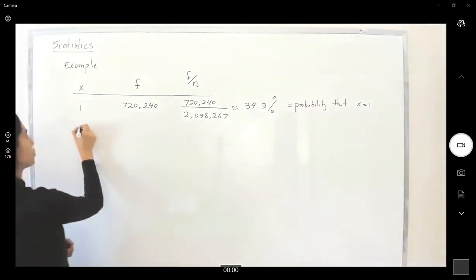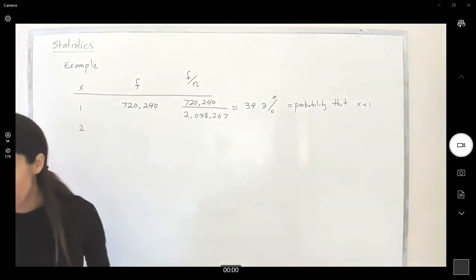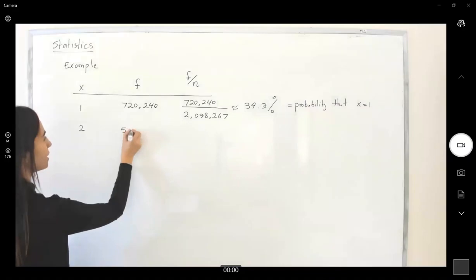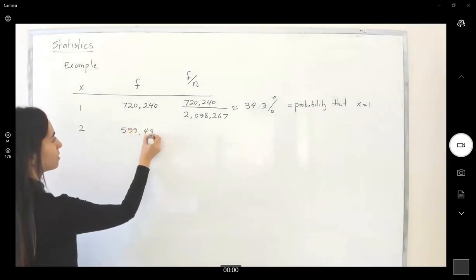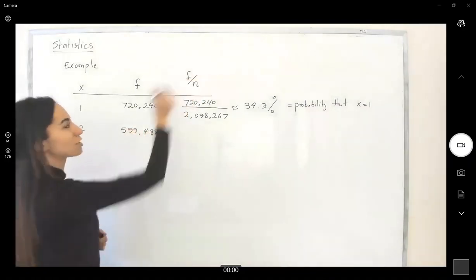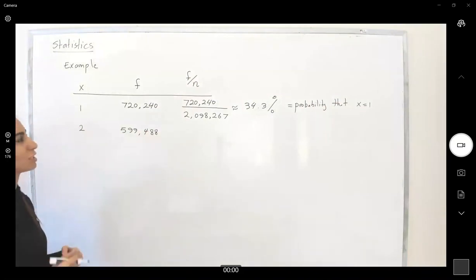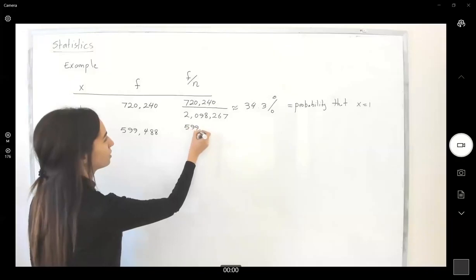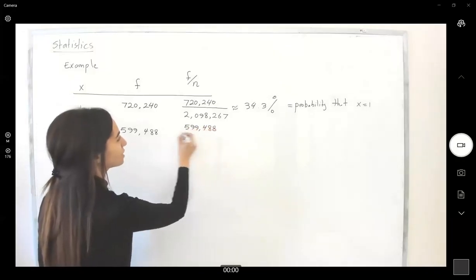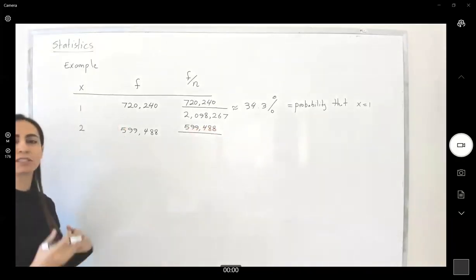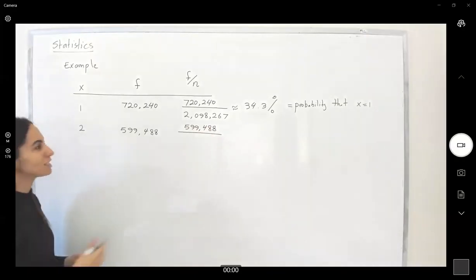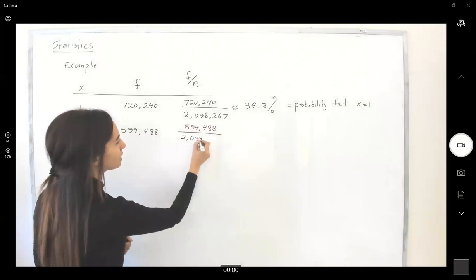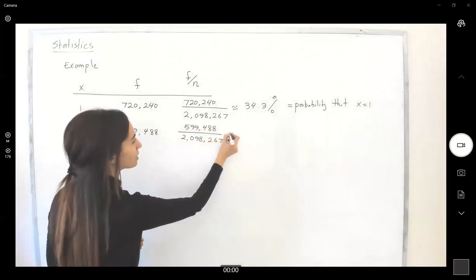What if X is equal to 2? The frequency of X equal to 2 is given to us, 599,488. How do we find the relative frequency? You have to do the division, a little bit of algebra. So 599,488 divided by N, which is the sum of all frequencies, 2,098,267.